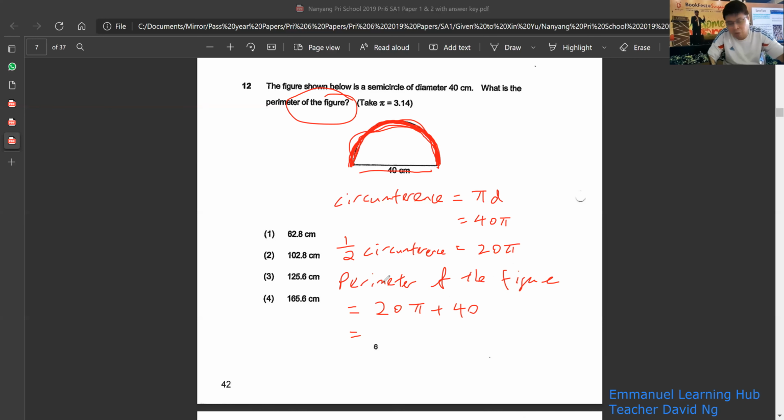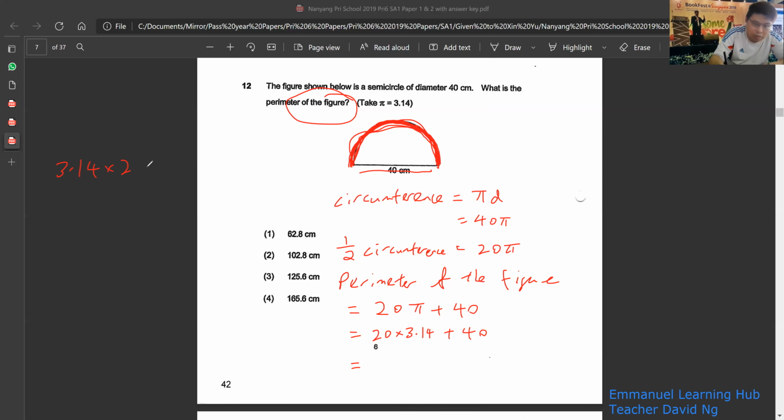Because you can use a calculator, right? No, this is Paper 1. Paper 1, you cannot use a calculator. Okay, you think for a moment. Okay, your pi is 3.14. Agree? 3.14 times 2 is 6.28, isn't it?